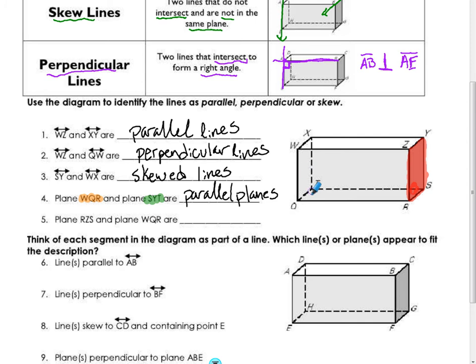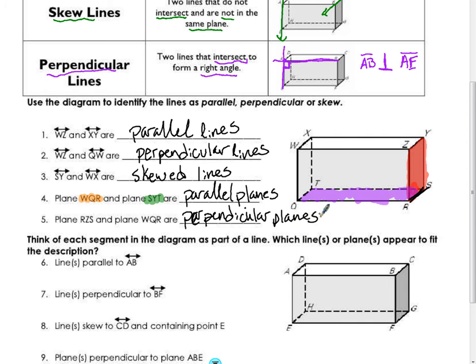I'm looking at the points and I'm seeing which surface they all lie on. And here, since we're looking at the bottom and the side, and this is a rectangular prism, I can go ahead and state that that's going to be perpendicular. Those planes are perpendicular because they intersect on the line RS and they form a right angle. Perpendicular.